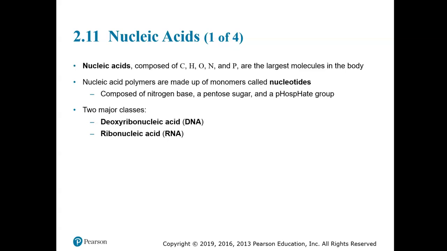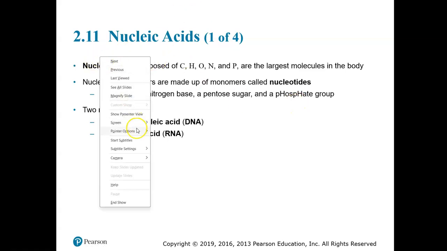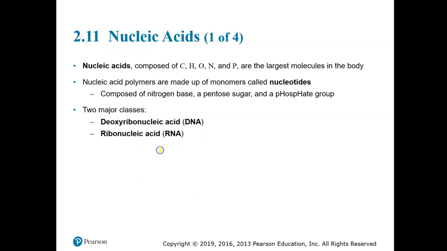Now we're going to move on to our last category of organic macromolecules, nucleic acids. Nucleic acids can be DNA and they can be RNA. DNA is our genetic material, and contains the blueprint for our traits. Nucleic acids can contain carbon, hydrogen, oxygen, nitrogen, and phosphorus. So these are the elements you'll find in nucleic acids.